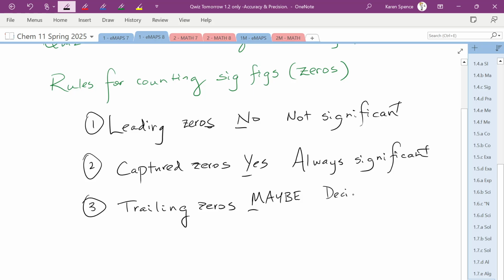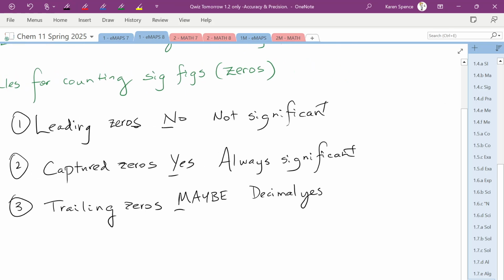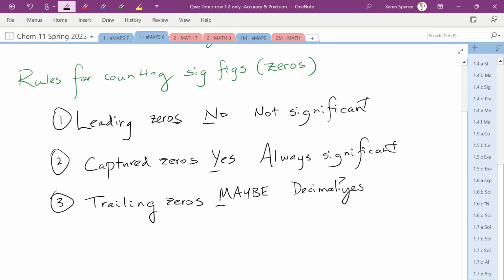Decimal, yes, significant. Decimal, no, not significant. And what the heck are these leading, captured, and trailing zeros that we're talking about?